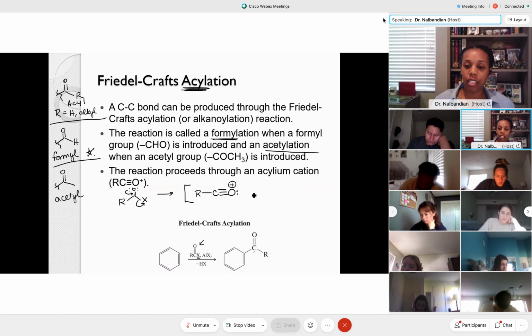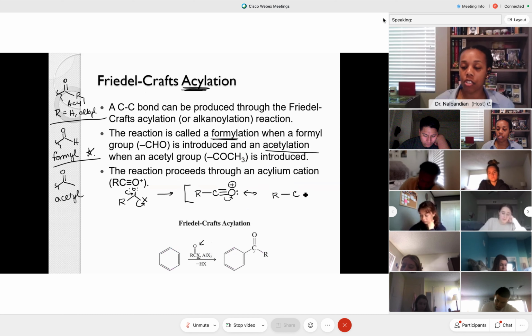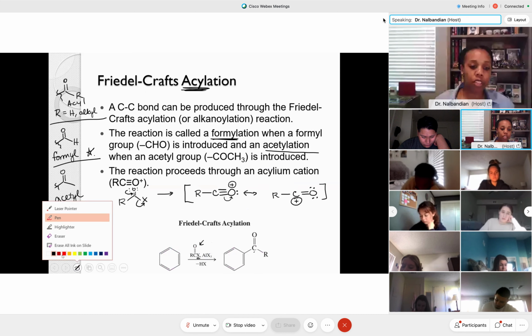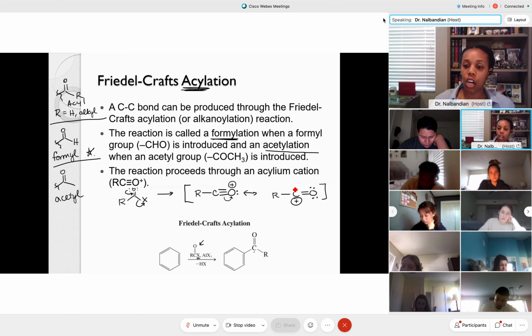Now, I've already set this up so that you can see that this has resonance, where oxygen hates having that positive charge, so we can move those electrons back to our oxygen, where the carbon has a positive charge now. So in these resonance forms, the carbon ends up with a positive charge, which makes this our electrophile.